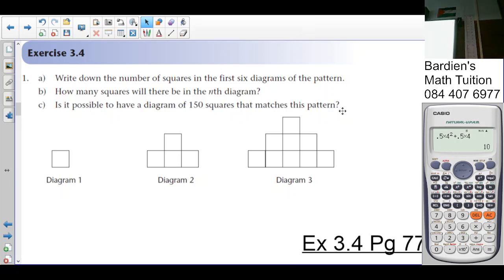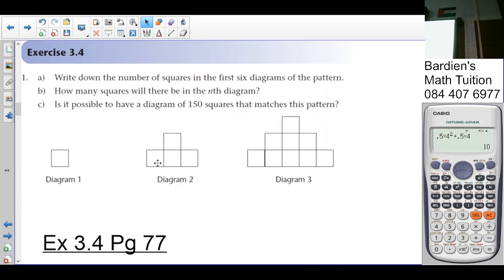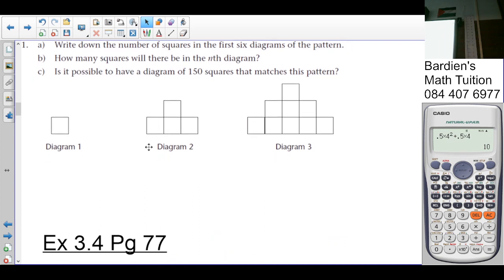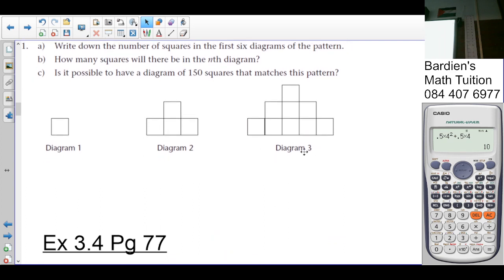Okay, so here we are told to write down the number of squares in the first 6 diagrams of the pattern. Number of squares in the first 6 diagrams of the pattern.